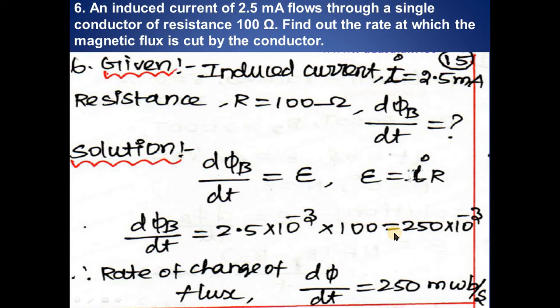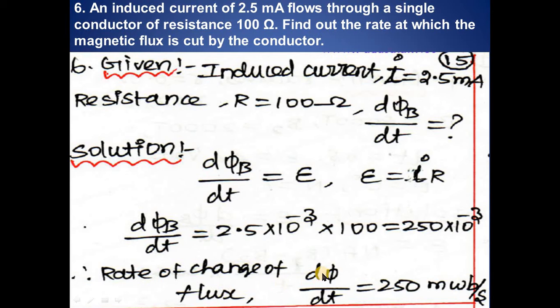The answer is 250 into 10 power minus 3, because 2.5 into 10 power minus 3 into 100 can be written as 250 into 10 power minus 3.